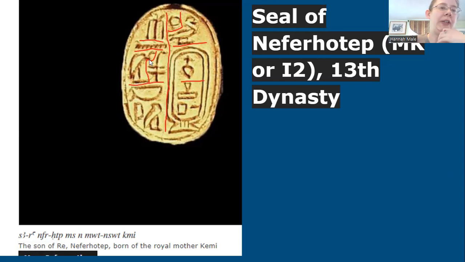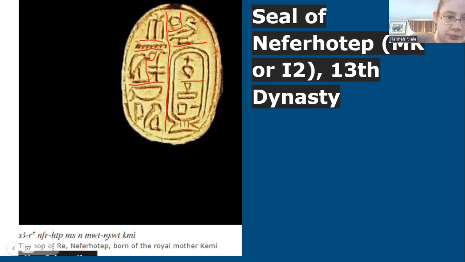So now we go on to the second register here. So we're starting here. So MS, which is born. So that's that hieroglyph here. Of, which is the N. So here, of, an implied the.